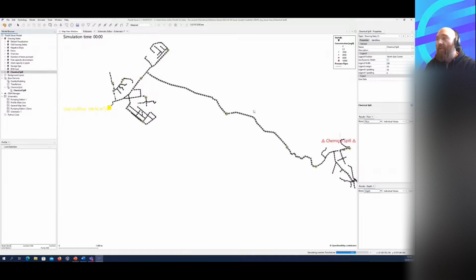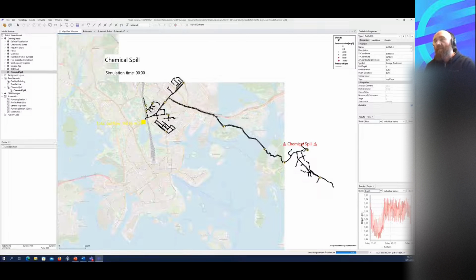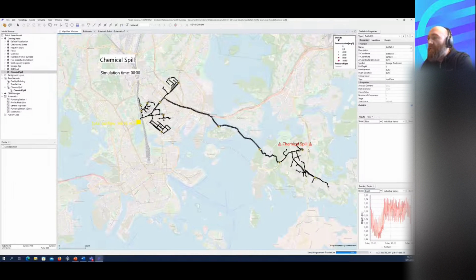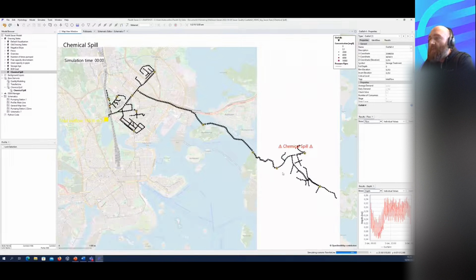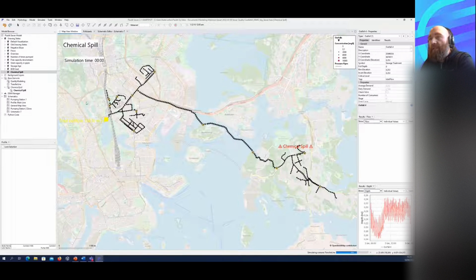So here in this scenario, we have a chemical spill happening in this part of the system. And we would like to see what are the reaction times and at what pace will the chemical spill reach the treatment facility here, and how long will the spill be.